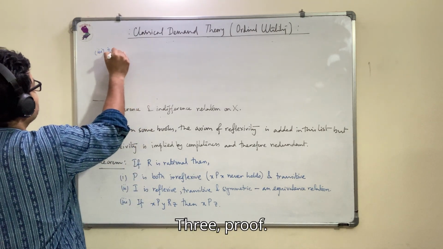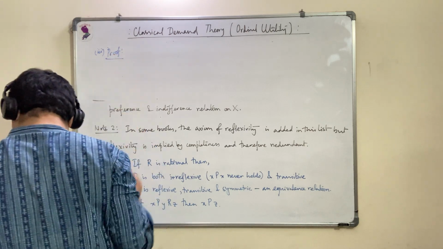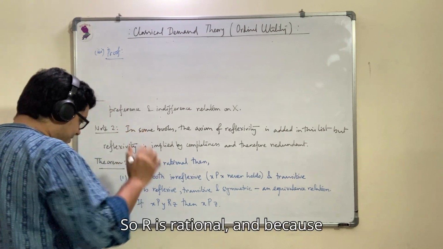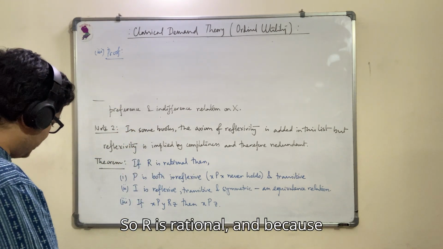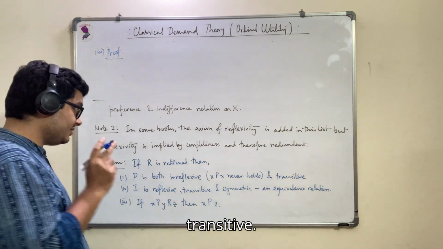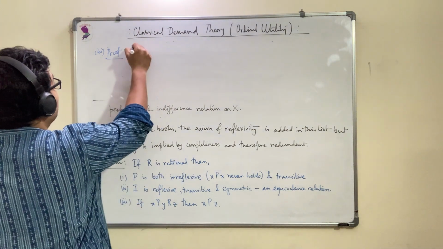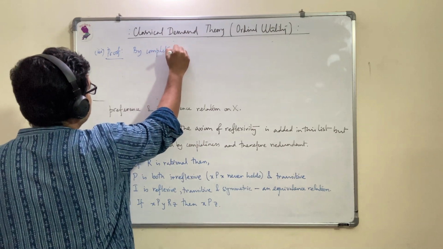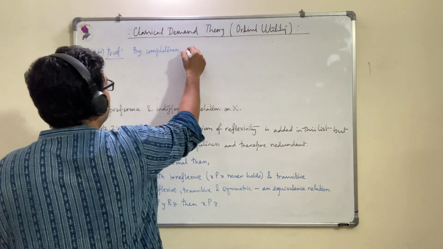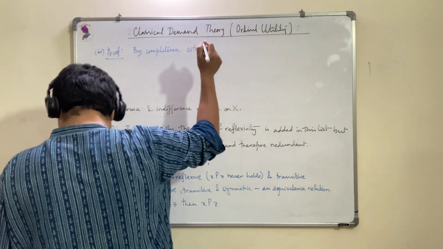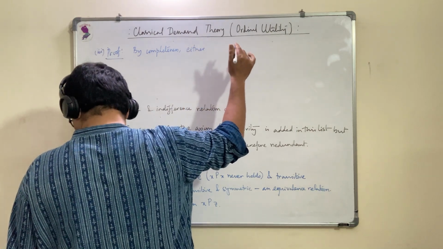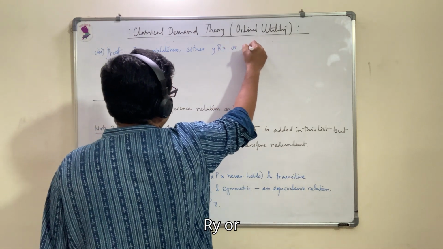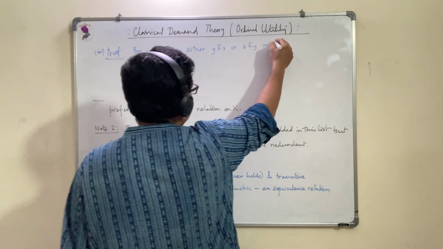So 3, proof. R is rational, and because R is rational, it is complete and transitive. So by completeness, either y R z or z R y or both.